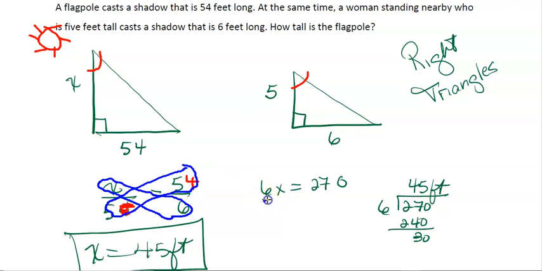Go ahead and get your x by itself by dividing both sides by 6. And 6 goes into 27 45 times. So my x, that's the height of this flagpole, is 45, and my units were feet, so it's 45 feet.